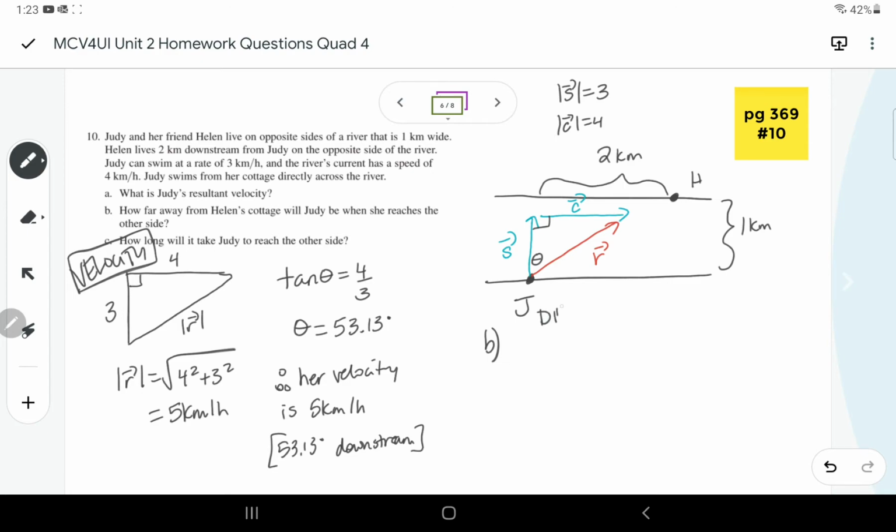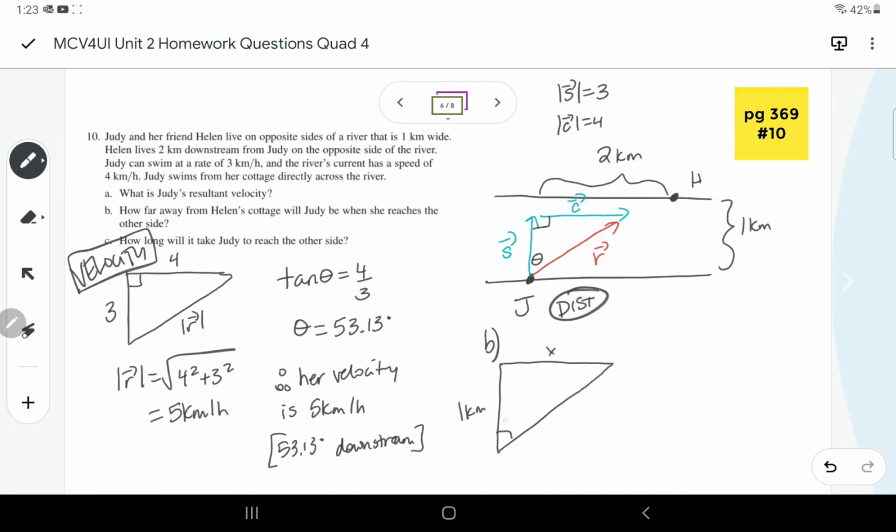Now I'm going to look at distance. I might even spell distance correctly. So now I'm going to look at the distance of this. So I know that this is 1 kilometer wide, so I'm going to put in an X there.